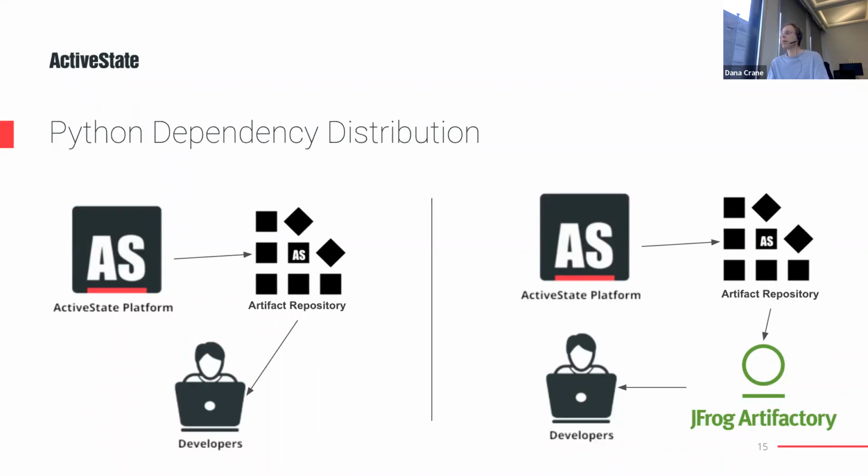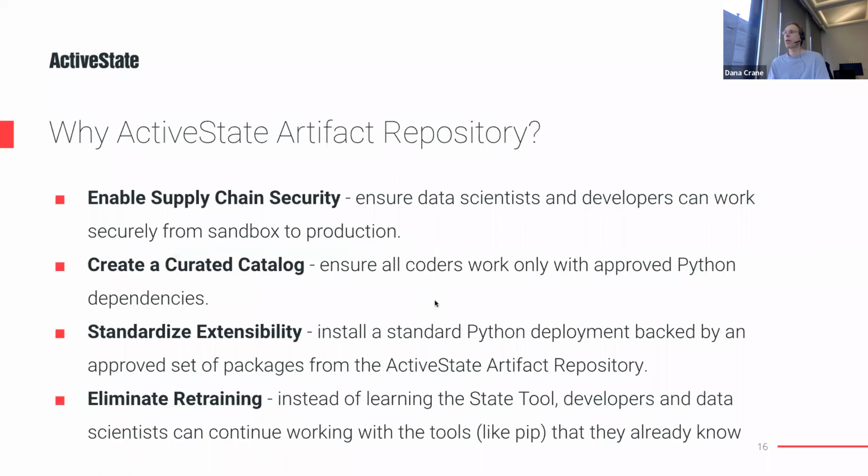So in this case, instead of populating your JFrog Artifactory, for example, with pre-built Python dependencies directly from PyPI, which we know is a risky move, you can instead proxy our artifact repository rather than PyPI. And that way you know that what you're populating into your JFrog Artifactory instance is going to be secure from day one. And that means your developers are always going to be working in a secure manner.